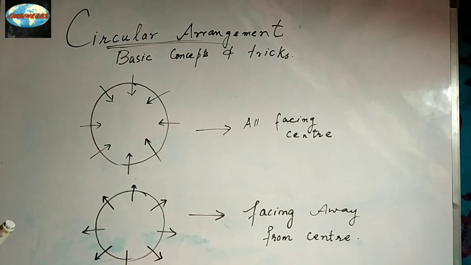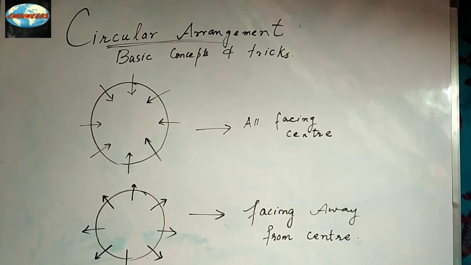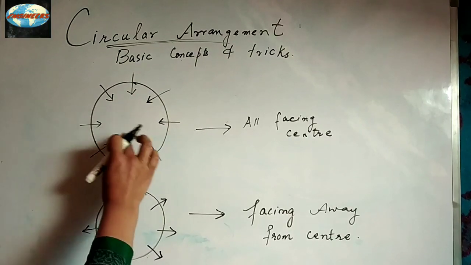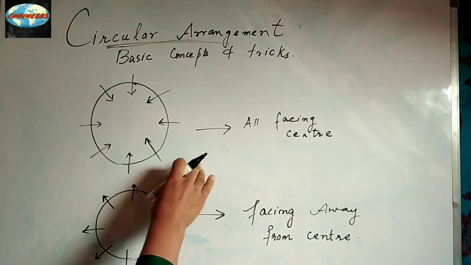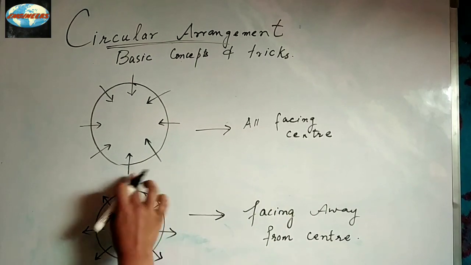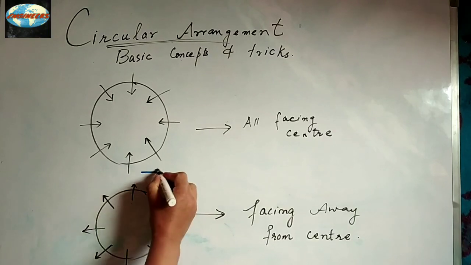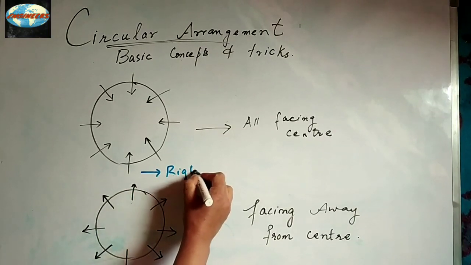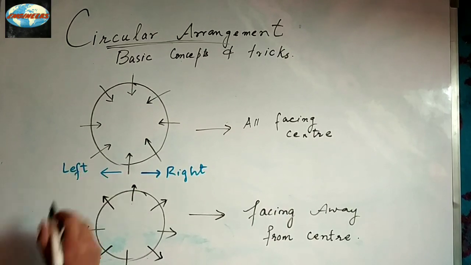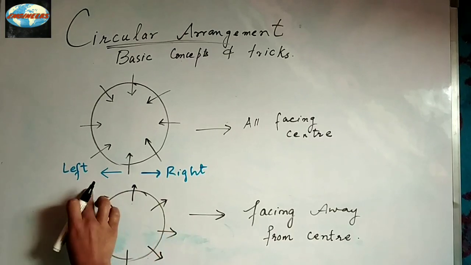In some cases, the people to be arranged are facing the center. This is the case where all of the people to be arranged are facing the center. Now, the basic trick to solve this circular arrangement is, you have to remember that whenever a person is facing the center, this is his right direction, and this is his left direction. Remember, this is the normal left or right direction.